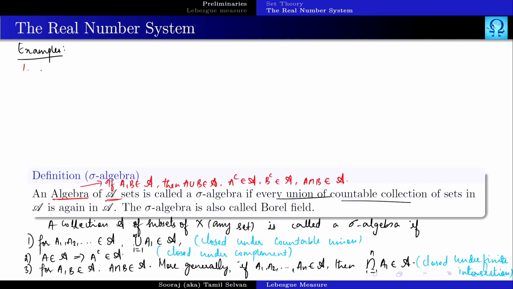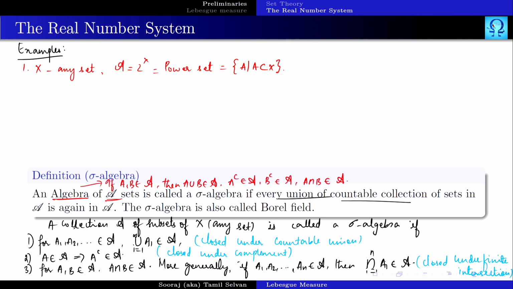The first example is, you consider any set X, and here I'll take A to be 2 to the power X, which is the power set of X, that is, all possible subsets of X. Here you may see that we have considered all possible subsets.